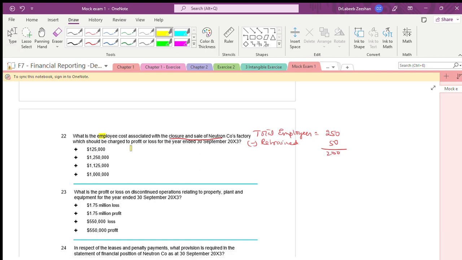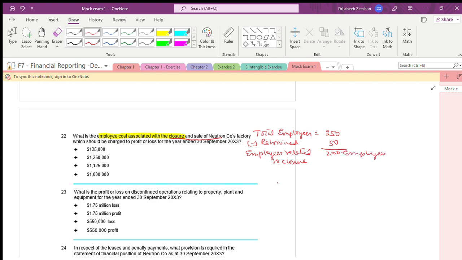The employee cost associated with the closure: the employees related to closure are 200 employees.